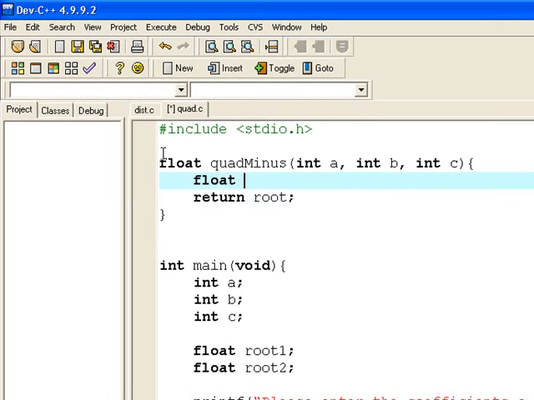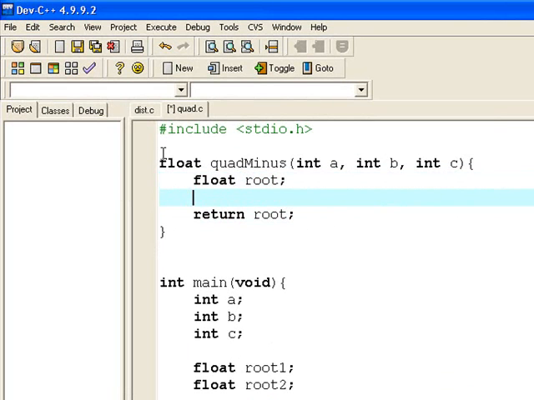So float root, and we say root is equal to minus b, and remember this is the minus one, so minus the square root of b squared, so that's b by b, minus 4 by a by c, and that's what we get the square root of all of that.